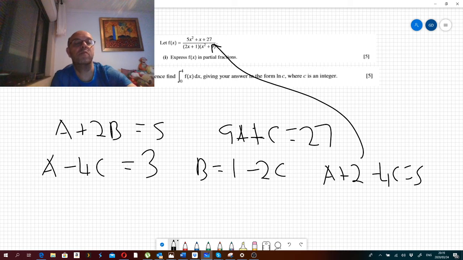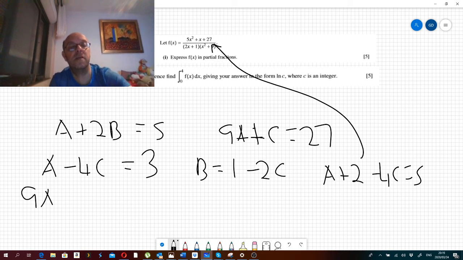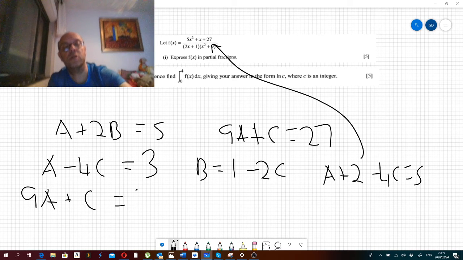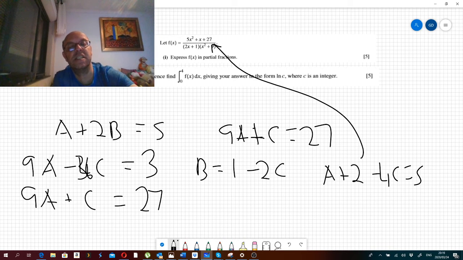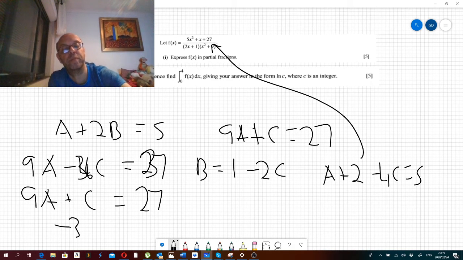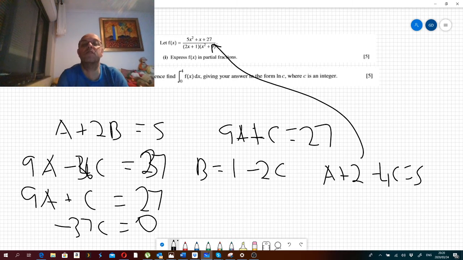Now I'm going to use the 9A plus c equals 27, and we'll multiply the top equation by 9. So we'll get 9A minus 36c equals 27. If I subtract this, I end up getting minus 37c equals 0, and that means that c must be equal to 0.